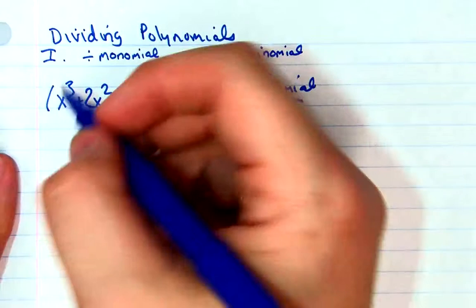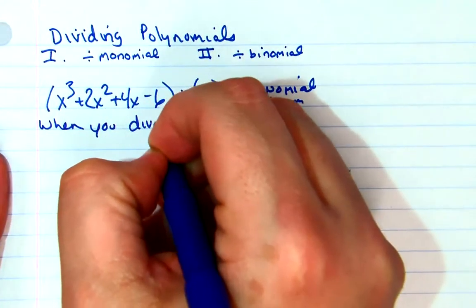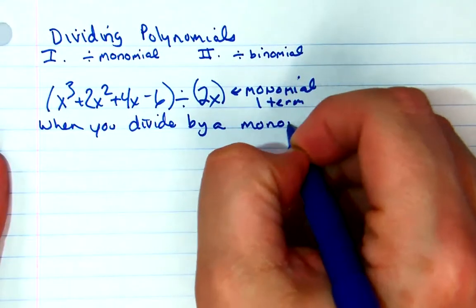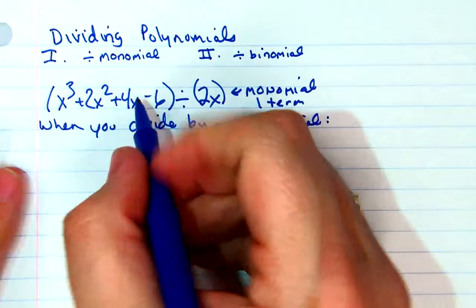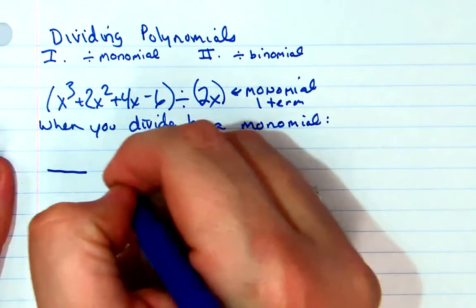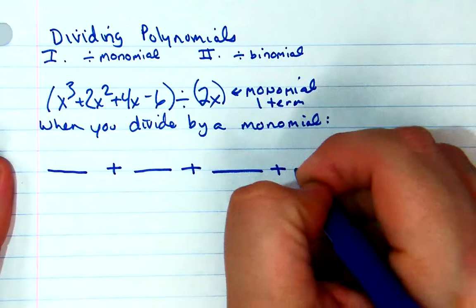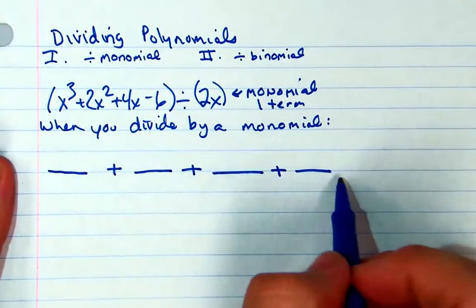Now, when you divide by a monomial, what you want to do is, since there's 4 terms here, we're going to set up 4 fractions, and we're going to add up the 4 fractions.